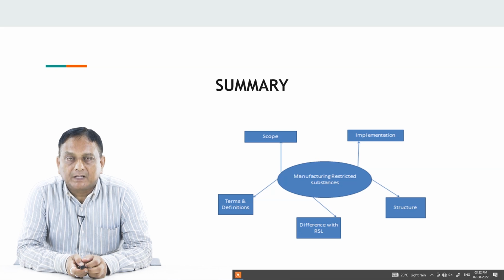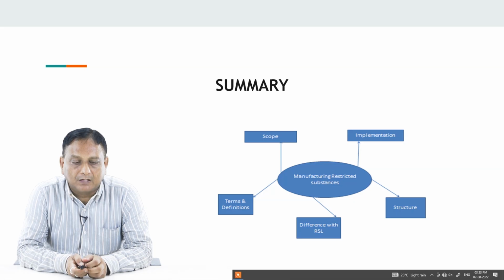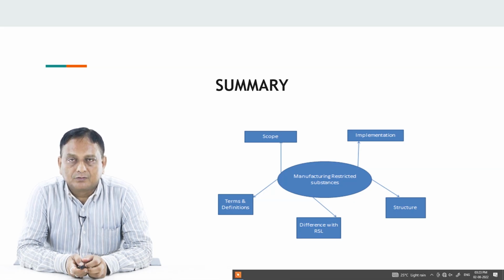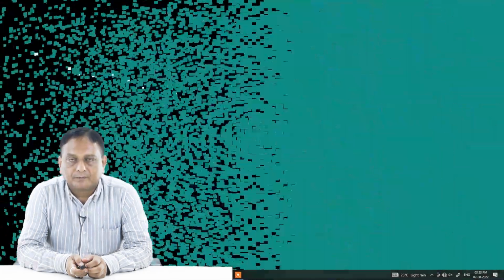And if you can control this MRSL in the processing stage, in dyeing and printing and different processing units, then it is obvious that we can control the detection of RSL in the finished garment. So nowadays buyers are giving a lot of importance to controlling the MRSL in the different processing units.